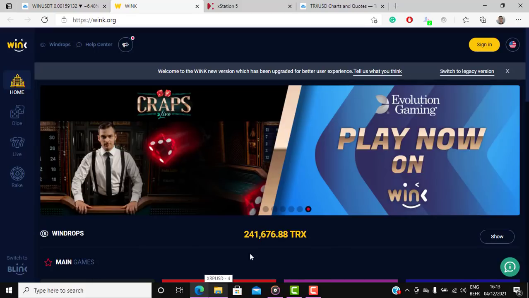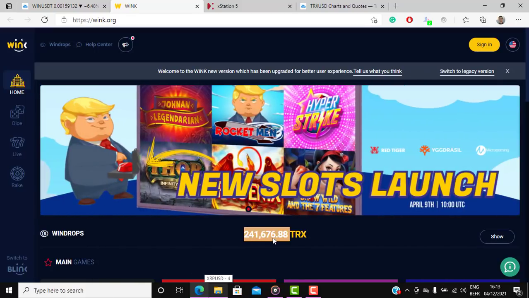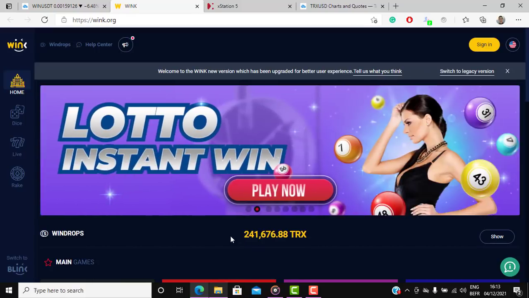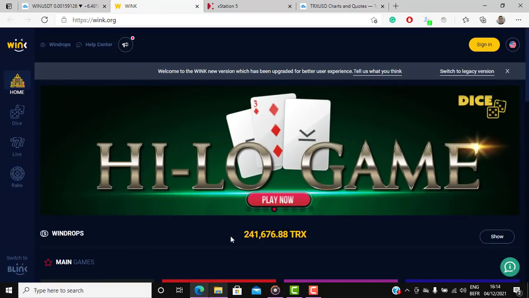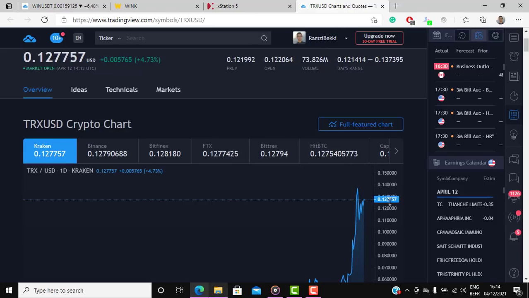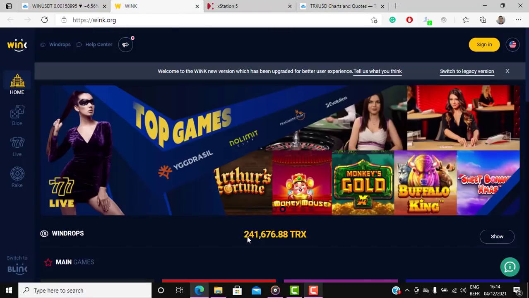So here, as you can see, there is 241,000 TRX, which is around $34,000. Because one TRX is like 0.12, so it's a little bit more than 1/10, we will say around 28,000 USD.